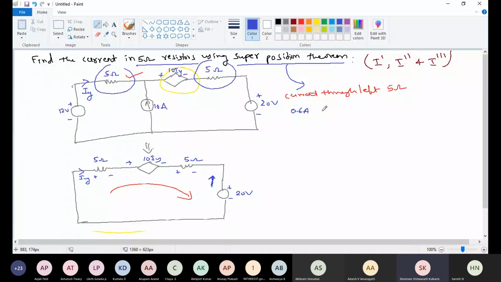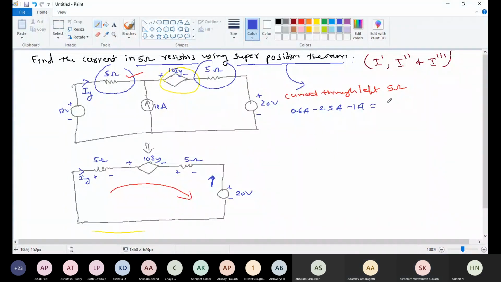Then I double dash, due to 10 ampere I got minus 2.5 ampere. Then due to 20 volt, I got minus 1 ampere.